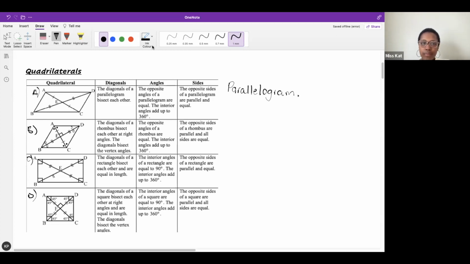Does it mean that both sides are equal to each other? No, they're not equal to each other, but good try. Let's hear what Bokang has to say. Opposite angles are equal. No, I'm asking about the diagonals, Bokang. What does it mean when we say they bisect each other?